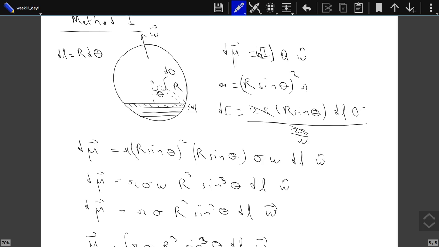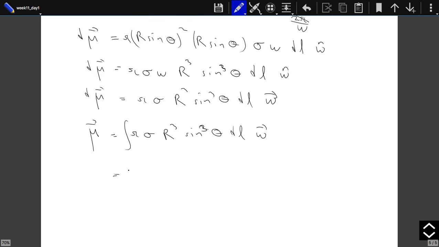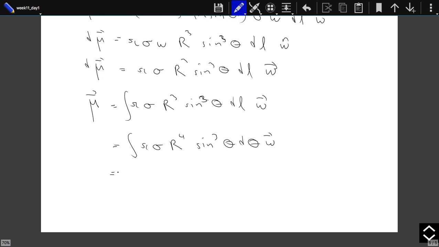dl is the segment of the length of that arc, which is the angle d theta. So this is equal to pi sigma r to the 4 sine cubed theta d theta in the omega direction, which is pi sigma r to the 4 in the omega direction sine theta (1 minus cosine squared theta) d theta.